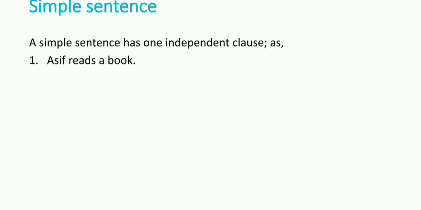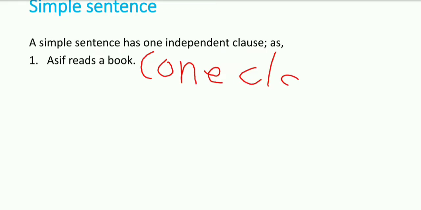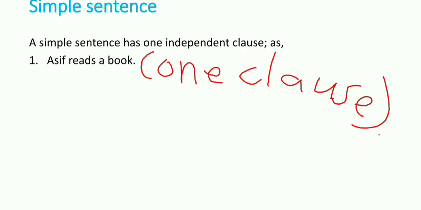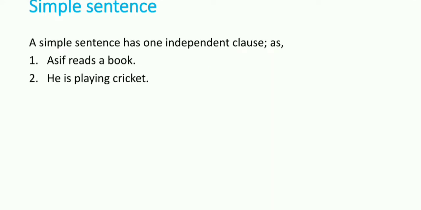Look at the example: "Asif reads a book." This is a sentence, and it has one clause, that is an independent clause: one clause and one sentence. "He is playing cricket." The same is the case with this sentence.